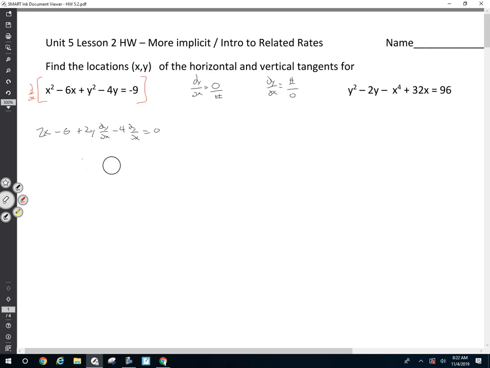Maybe for the first one I'll show, but then for future ones I won't. So subtract the 2x, add the 6. Factor out the dy dx. Divide to solve.